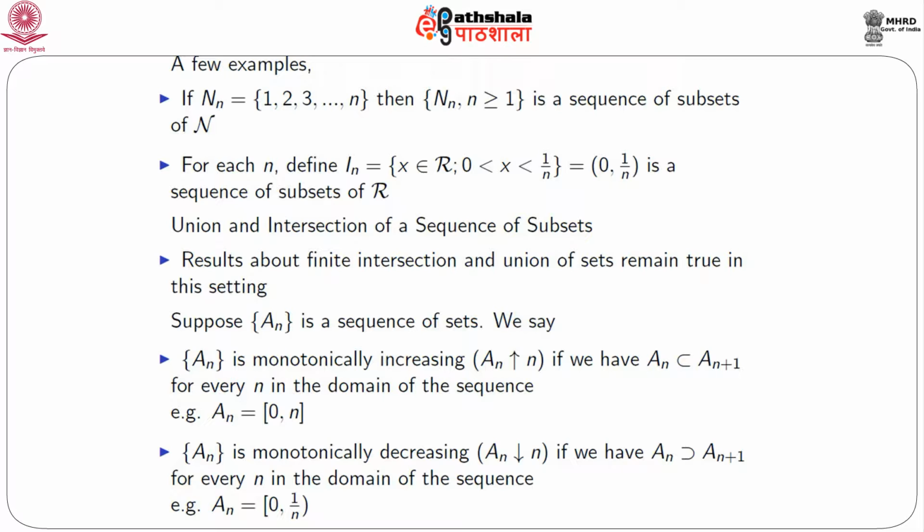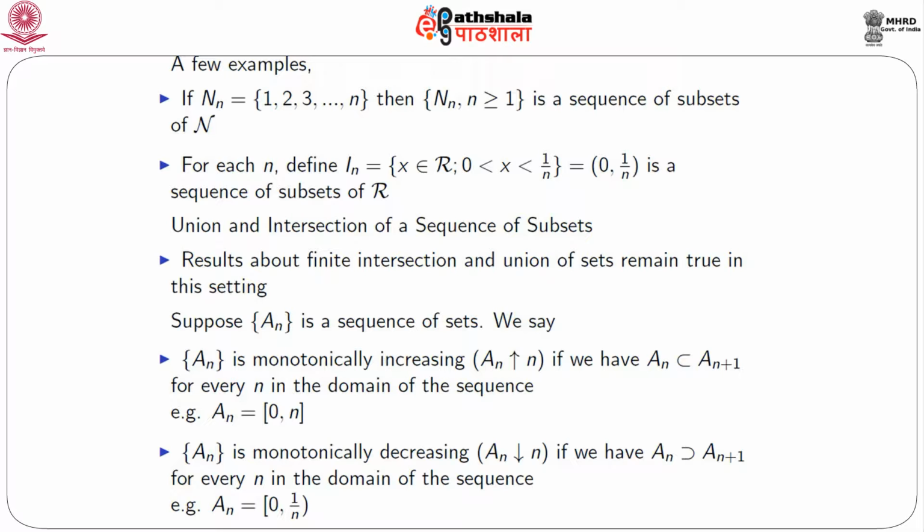Suppose A_n is a sequence of sets. We say that A_n is monotonically increasing with n. That means, if n increases, A_n will also get increased, if we have A_n a proper subset of A_{n+1} for every n in the domain of the sequence.